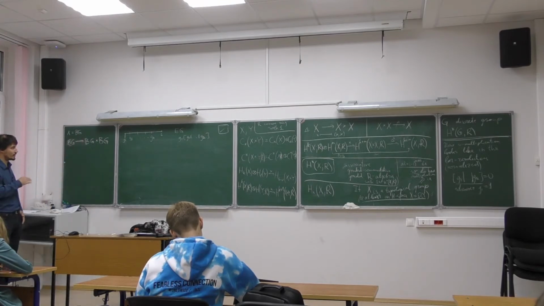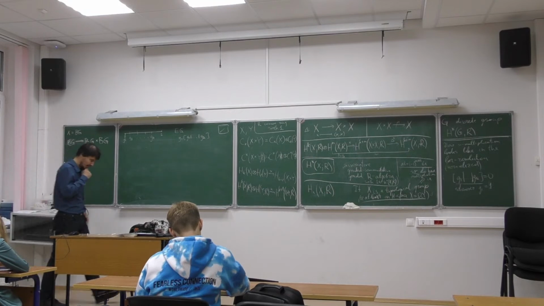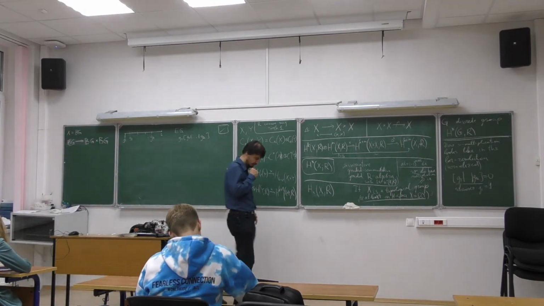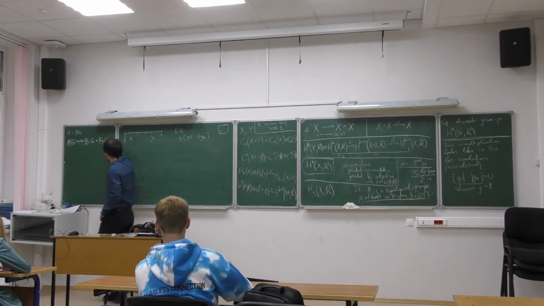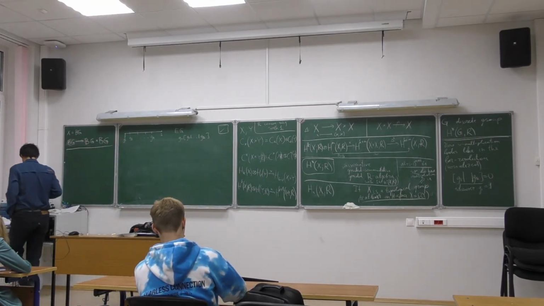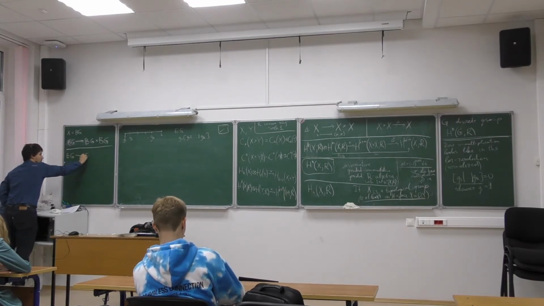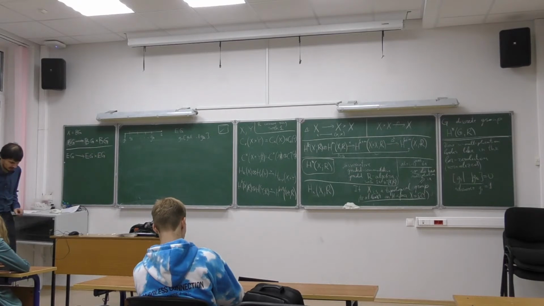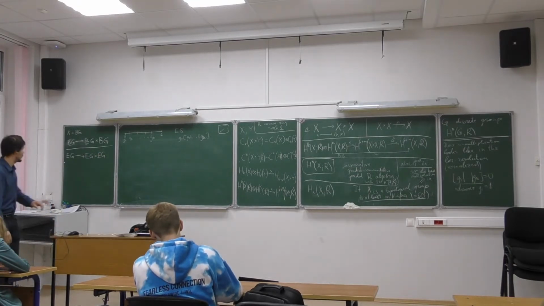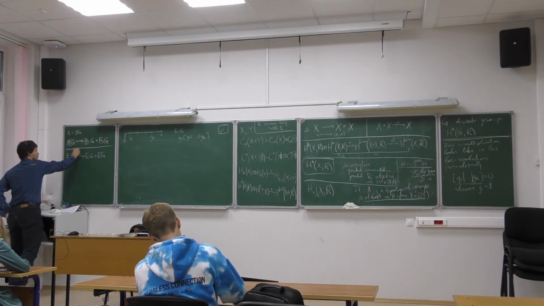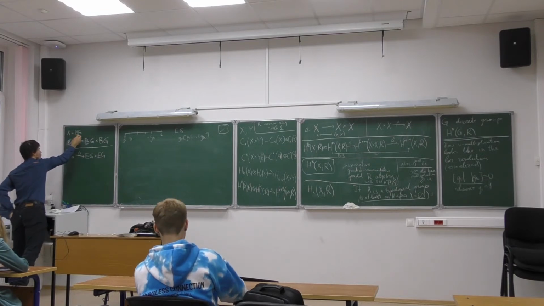A natural way to construct such an approximation of the diagonal is to start with the corresponding mapping for EG. This one will be delta prime, and this one will be delta tilde, for instance.